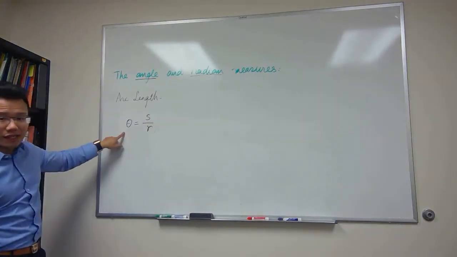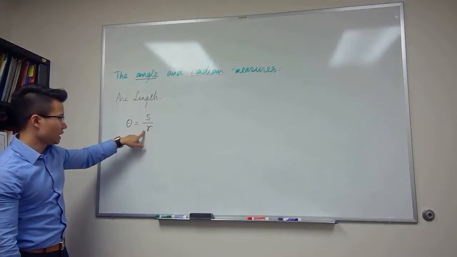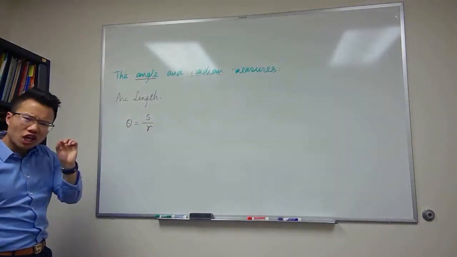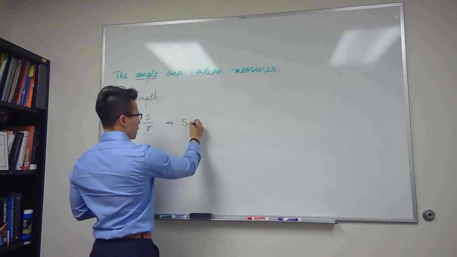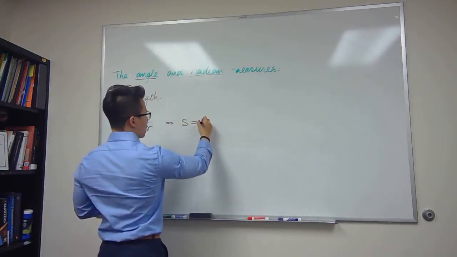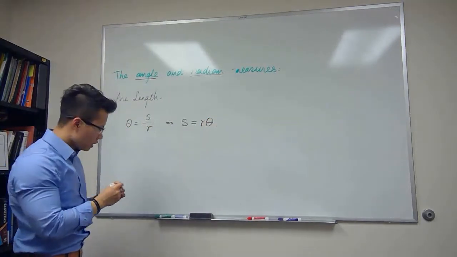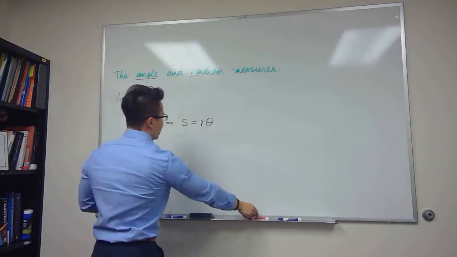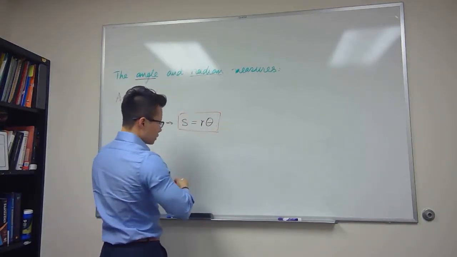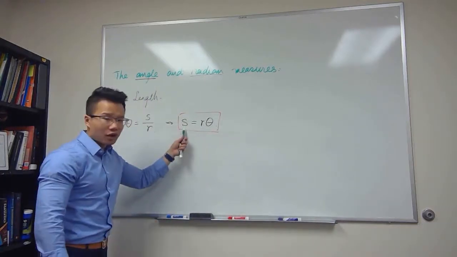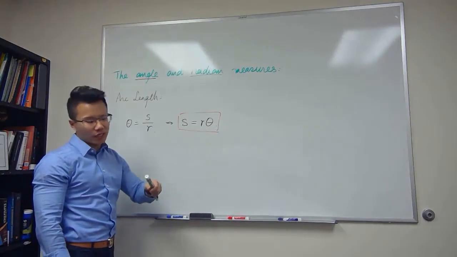So that is radians equals the arc length divided by the radius. Okay, and we changed it just a little bit. We should be able to get S equals R times theta. So for this part right here, we have our formula. In this formula, we have our arc length equals the radius times the radian.